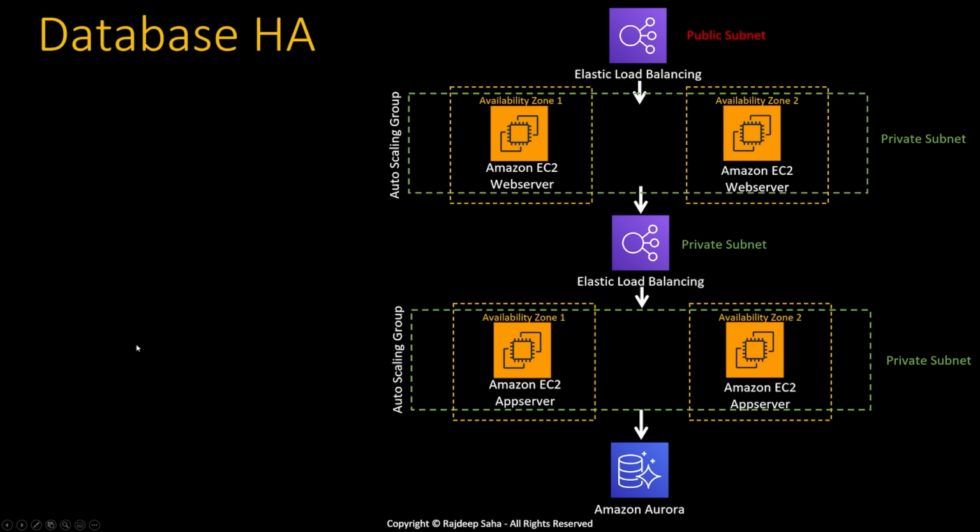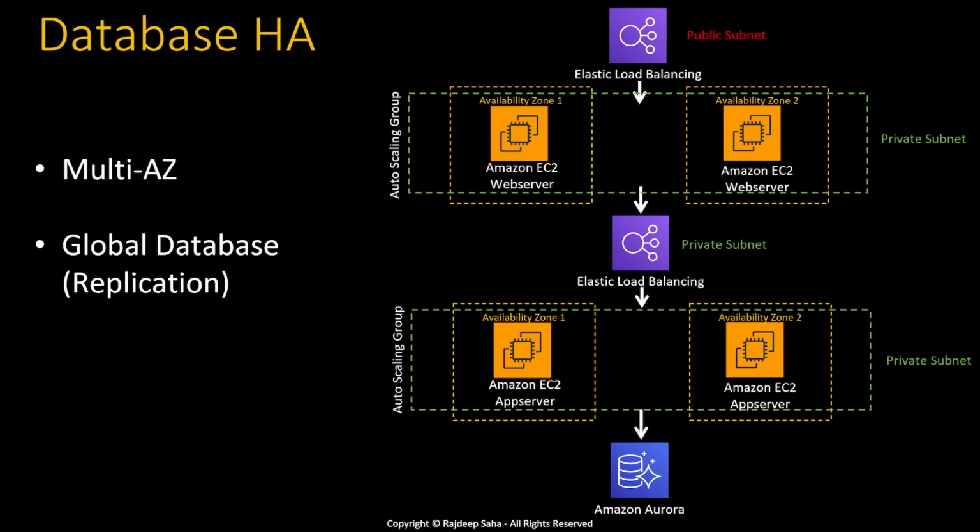So let's say we are using Amazon Aurora for our 3-tier architecture. You might get this question: how are you going to make this database highly available? That's the beauty of AWS native databases. Out of the box, Amazon Aurora is multi-AZ. So one copy of data is saved into multiple availability zones. And even if one availability zone goes down, Aurora will automatically promote another copy of the data as the primary instance.